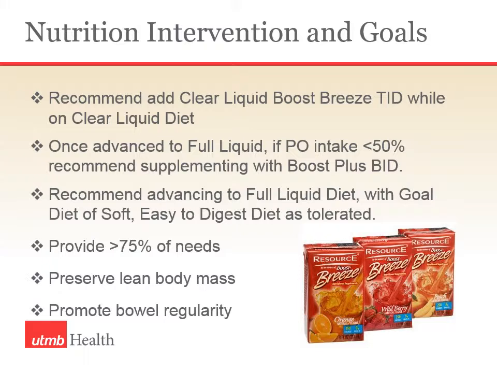It provides 14 grams per box, so that would greatly increase the prevention of muscle loss and increase protein intake. I recommended advancing to a full liquid diet with the goal of a soft, easy to digest diet that's tolerated, to provide greater than 75% of his needs, preserve lean body mass, and promote bowel regularity.